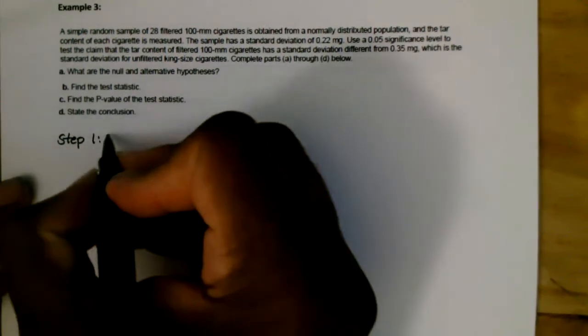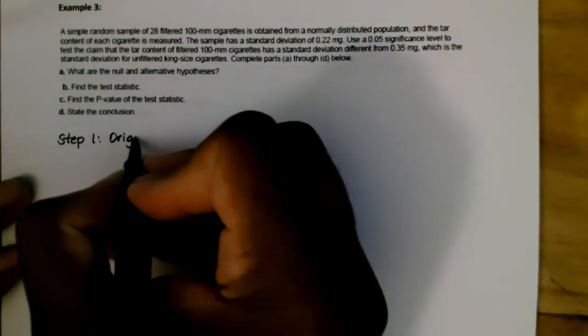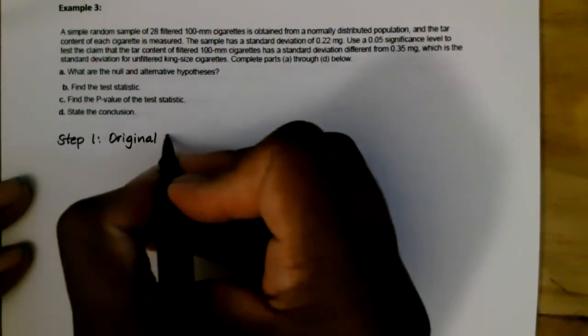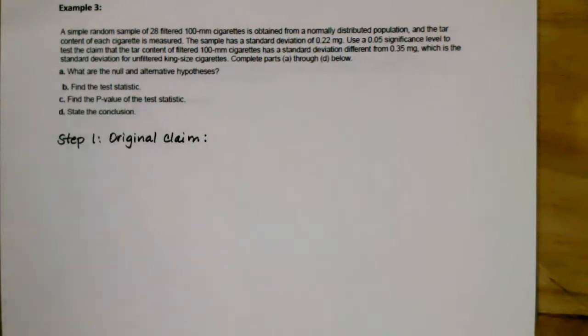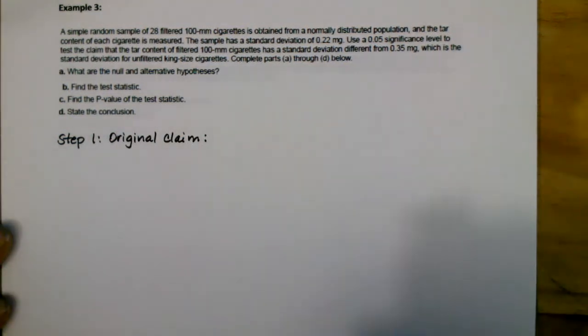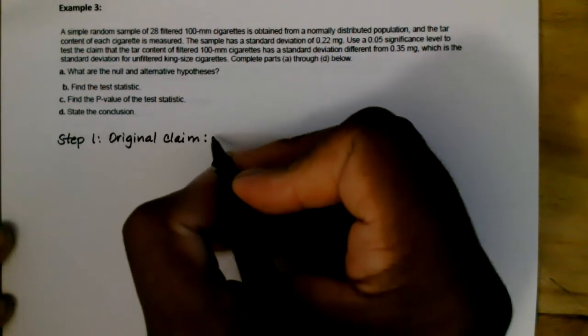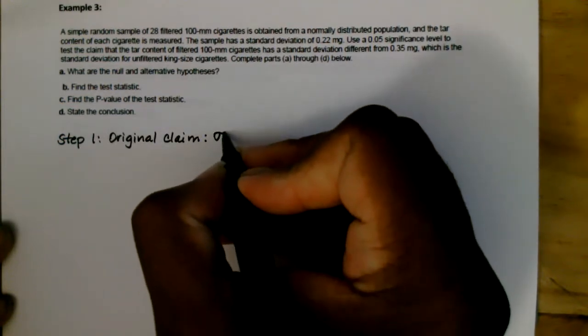Okay, step number 1 is the original claim in symbolic form. Now here, we're testing the claim that the tar content of filtered 100mm cigarettes has a standard deviation different from 0.35 milligrams. So we have standard deviation as sigma.